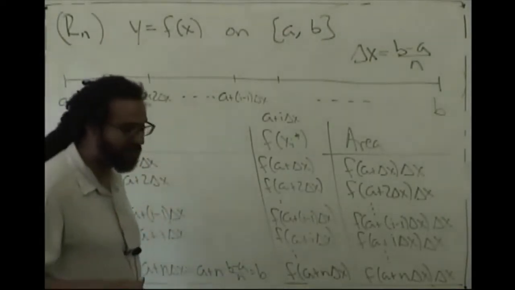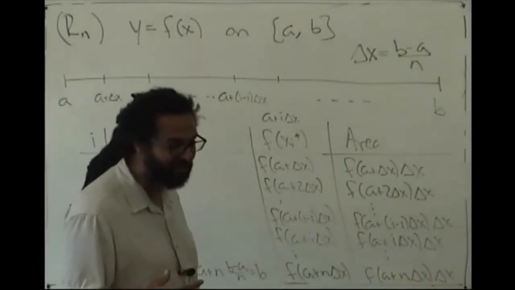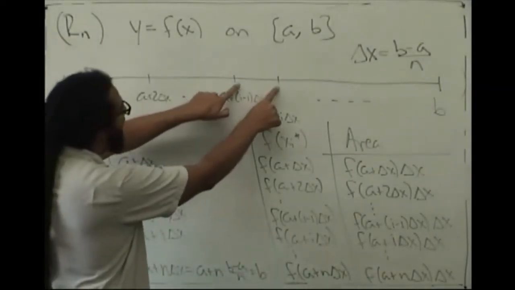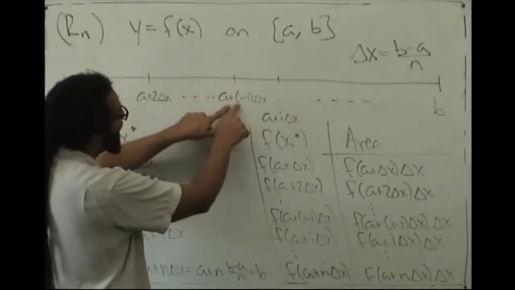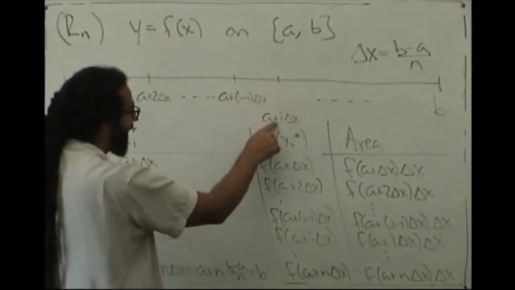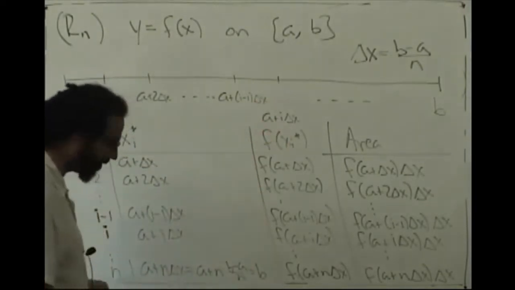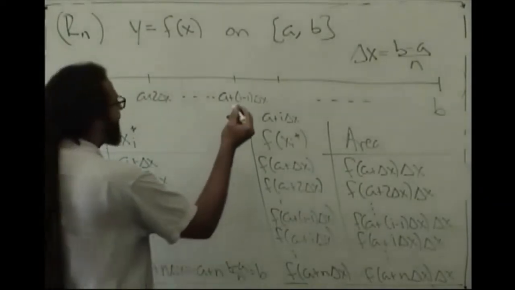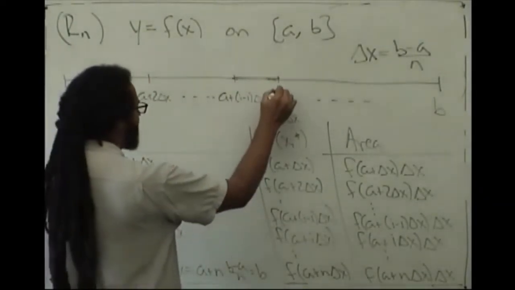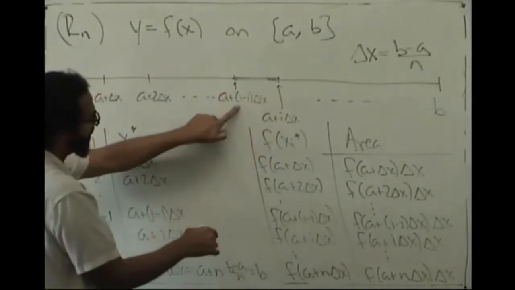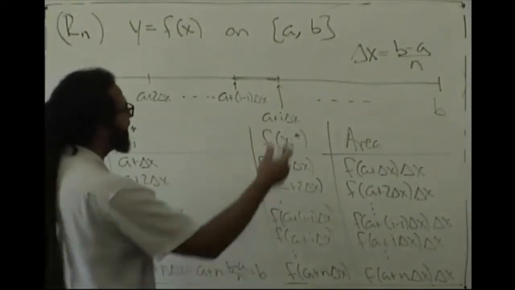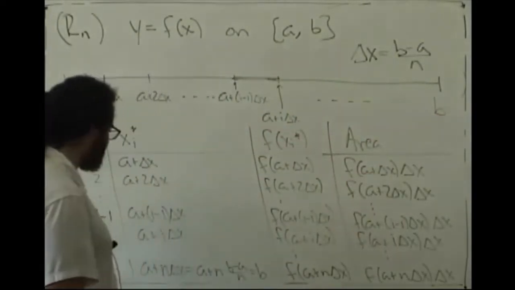So using i as the general counter, the ith subinterval will start at a plus i minus 1 times delta x and stop at a plus i times delta x. So right here is the general ith subinterval. Here's the left endpoint, and here's the right endpoint. And then you keep doing this until you reach b.